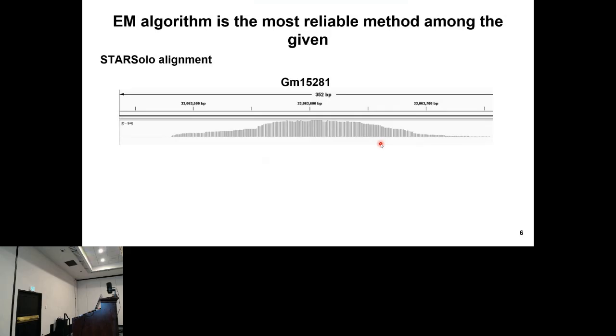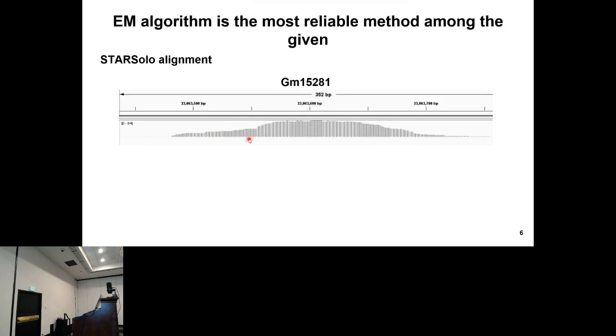To illustrate what I mean exactly, I will show you an example of a pseudogene which was rescued by EM algorithm. So here you can see the sequence coverage plot for this particular pseudogene before any MMR handling and filtering.